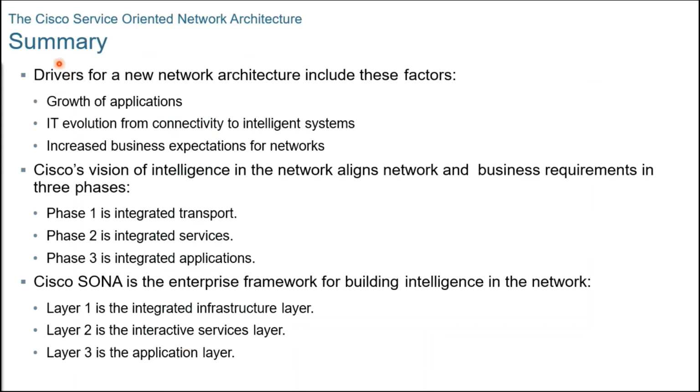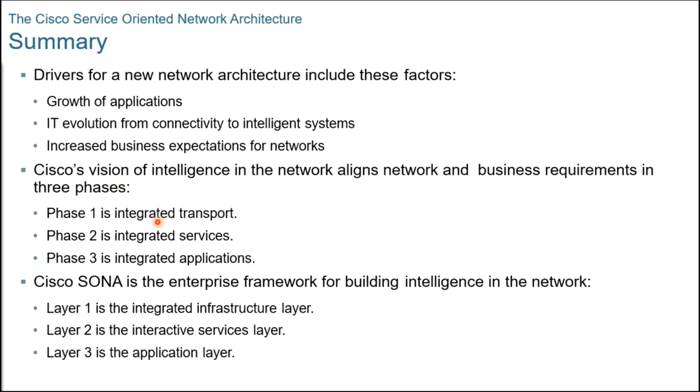So let us summarize the Cisco service-oriented network architecture. So drivers for a new network architecture include these factors. So basically, we covered growth of applications, the IT evolution from connectivity to intelligent systems, and the increased business expectation for networks. So Cisco's vision of intelligence in the network aligns network and business requirements in 3 phases.